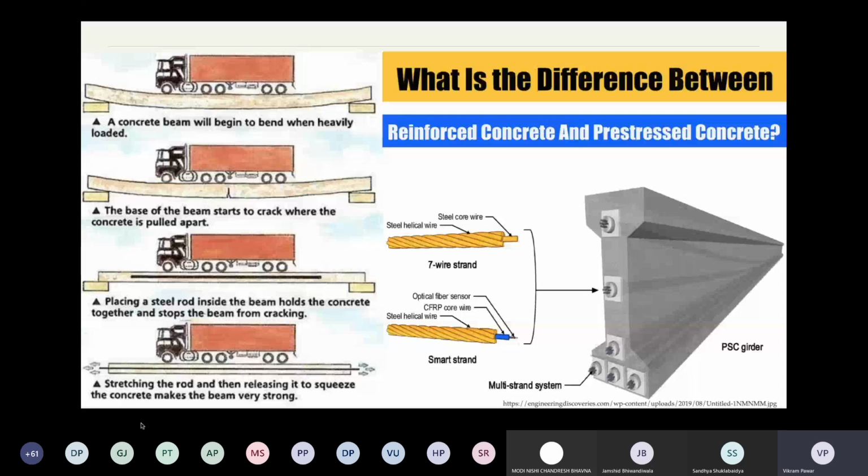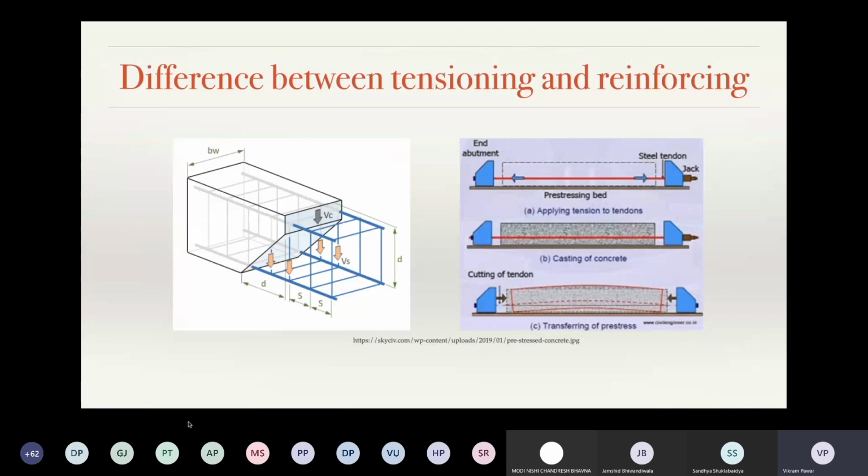We'll come to how we are able to make it stronger in the next slides. But this is just a schematic diagram which will explain what we mean. Fundamentally, the figure on the left hand side is a regular reinforcement. It is important to connect the top chord as well as the bottom chord.